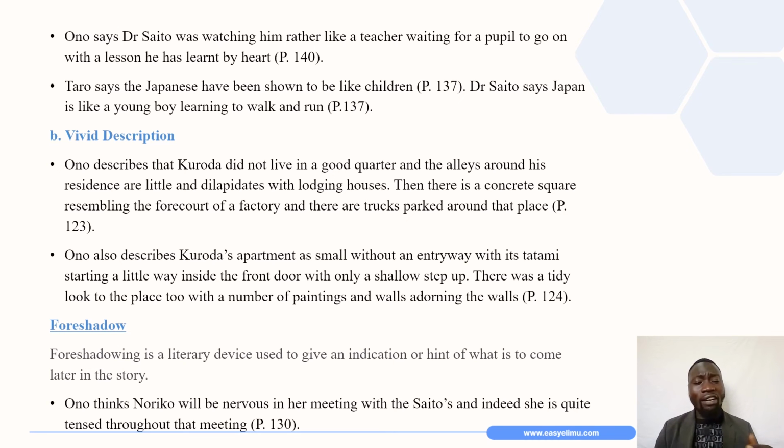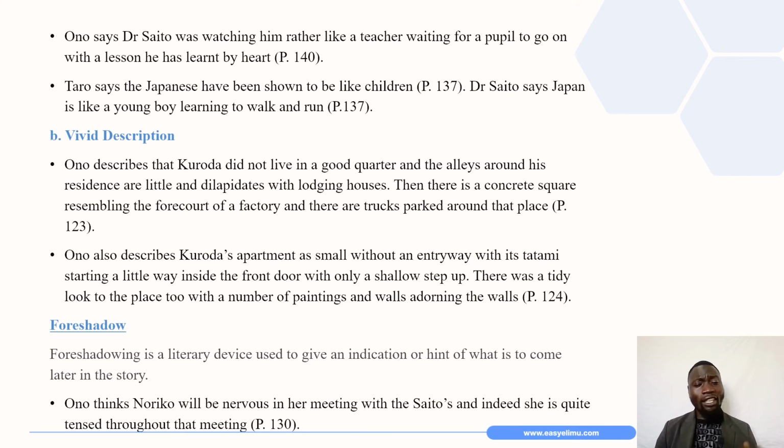So we also have another style that is foreshadow. So foreshadow is a literary device used to give an indication or hint of what is to come later in the story. So Ono thinks Noriko will be nervous in her meeting with the Saitos, and indeed she is quite tensed throughout that meeting.